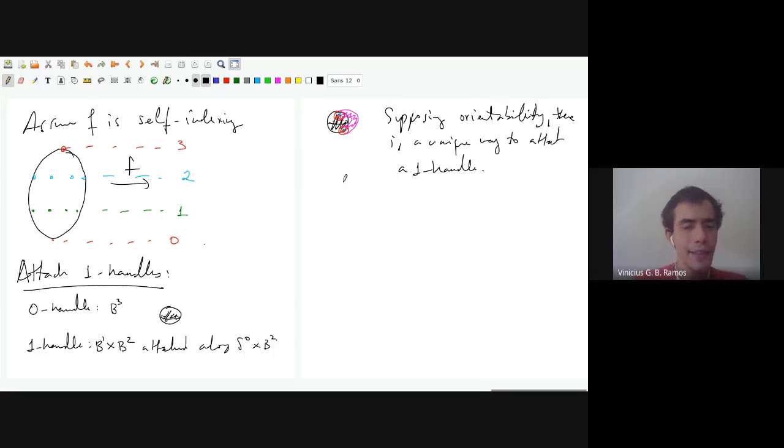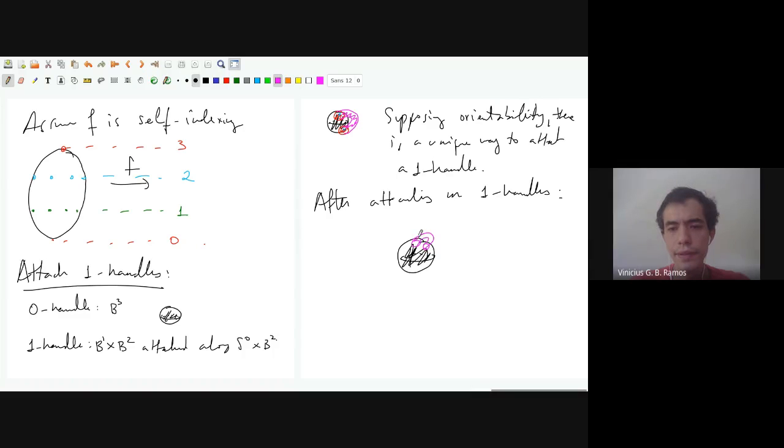In fact, after attaching m one handles, what you get is a ball with m of these one handles, and up to isotopy there's a unique way to do that.